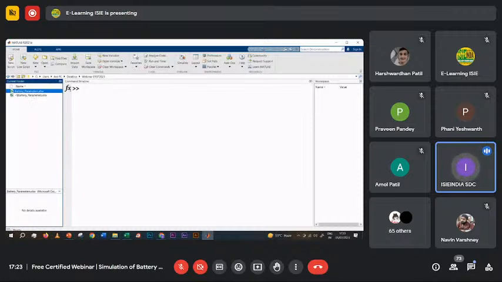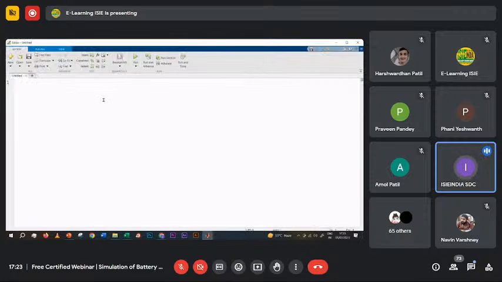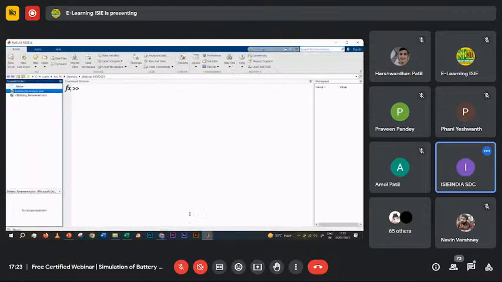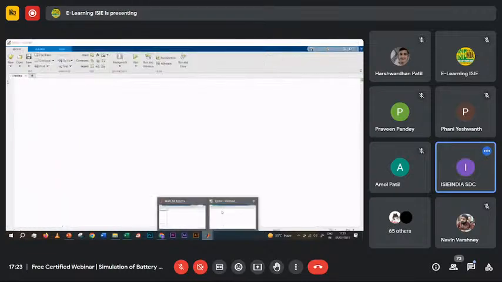Now I will be writing a few lines of code. The battery file name is battery underscore parameter, so I have to remember this file name. Now I will be writing code in the MATLAB editor.